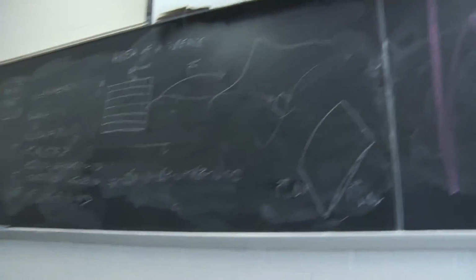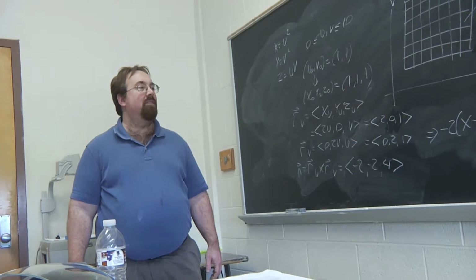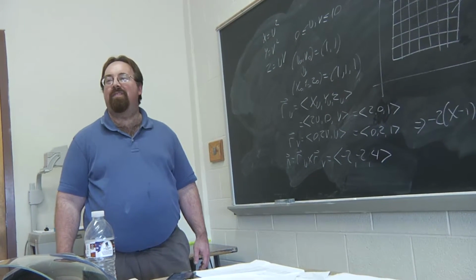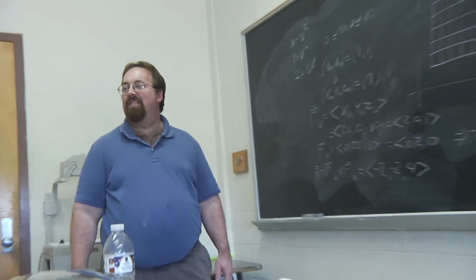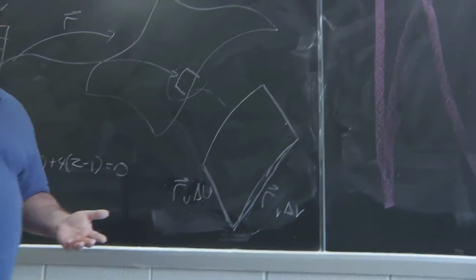And how do you compute the area of a parallelogram? It's just the cross product. It's a cross product of these vectors that make up the adjacent edges, and then you take the magnitude of that.